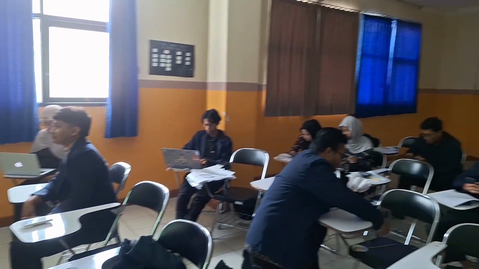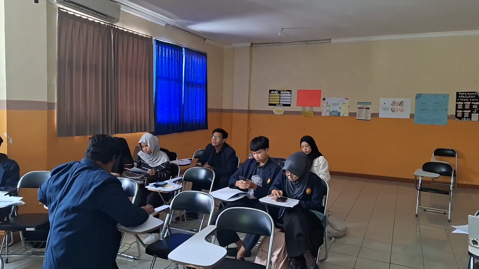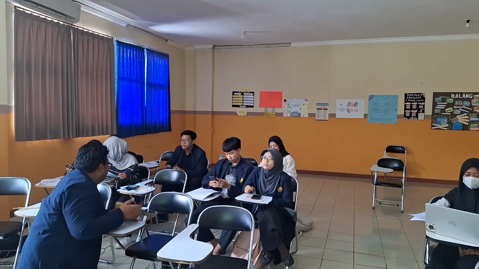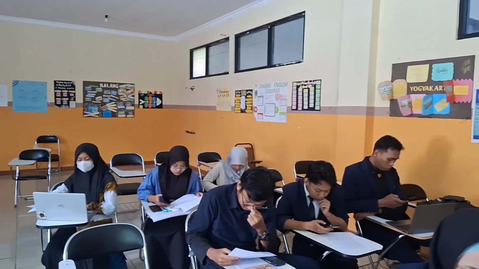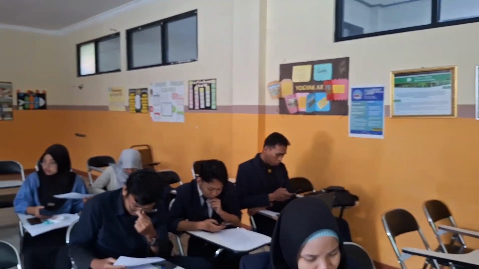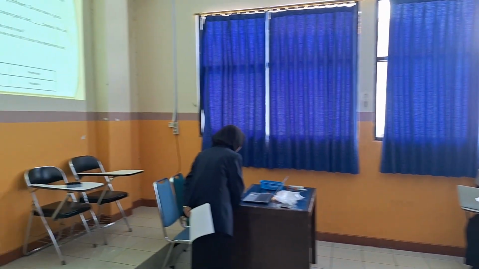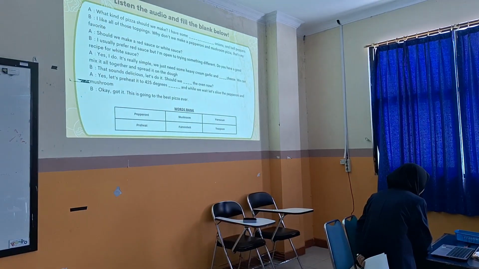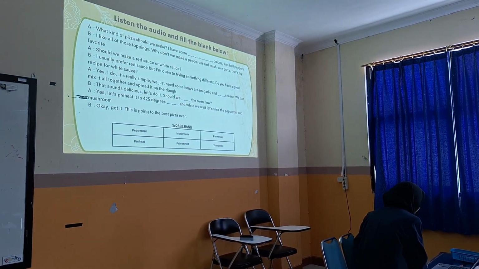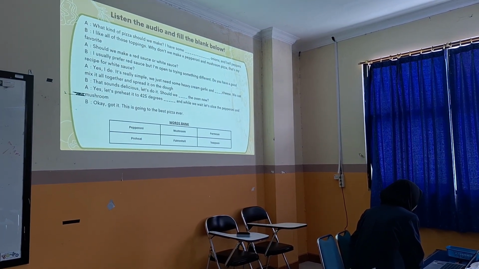What kind of pizza should we make? I have some pepperoni, mushrooms, onions, and bell peppers. I like all of those toppings. Why don't we make a pepperoni and mushroom pizza? That's my favorite. Sounds great to me. Should we make a red sauce or a white sauce? I usually prefer red sauce, but I'm hoping to try something different. Do you have a good recipe for white sauce? Yes, I do.